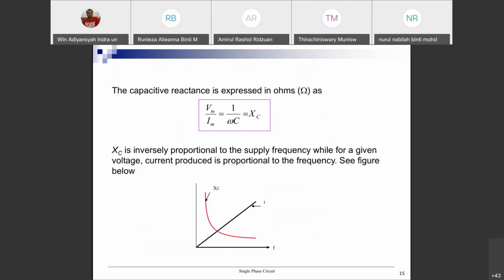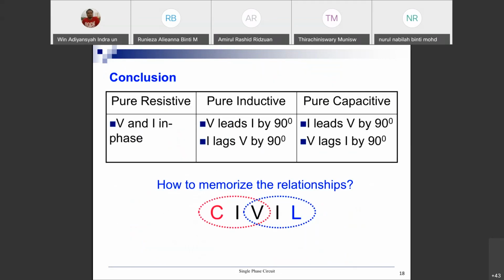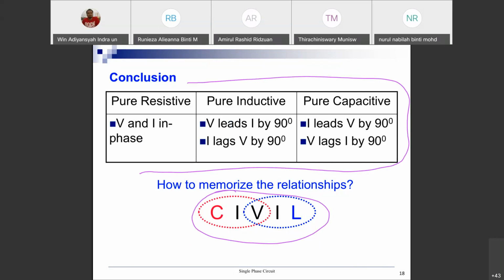That is inductive. Capacitive is the other way: I leads V by 90 degrees, or V lags I by 90 degrees. Some of you find it difficult to memorize this, so use this simple CIVIL to replace it.